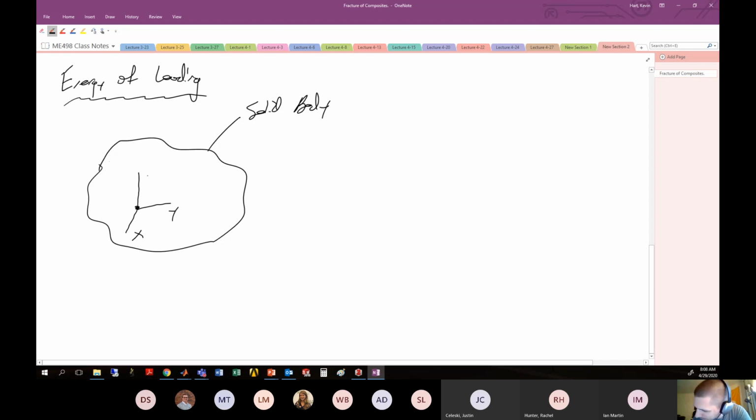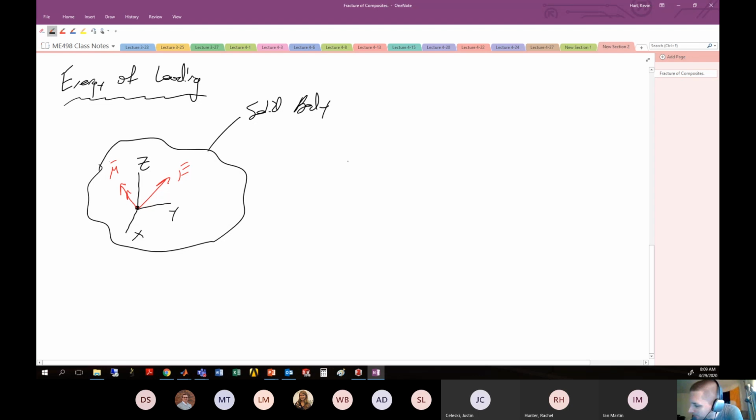Here's X, Y, Z. And I'm going to put some force and some moment on this. So here is some external force, F with a dash over it because I'm drawing a vector here. And maybe there's some moment that acts on this guy. Double arrow for moments here. So this is loading up some solid, however we do that, with forces, with moments, with torques, whatever.